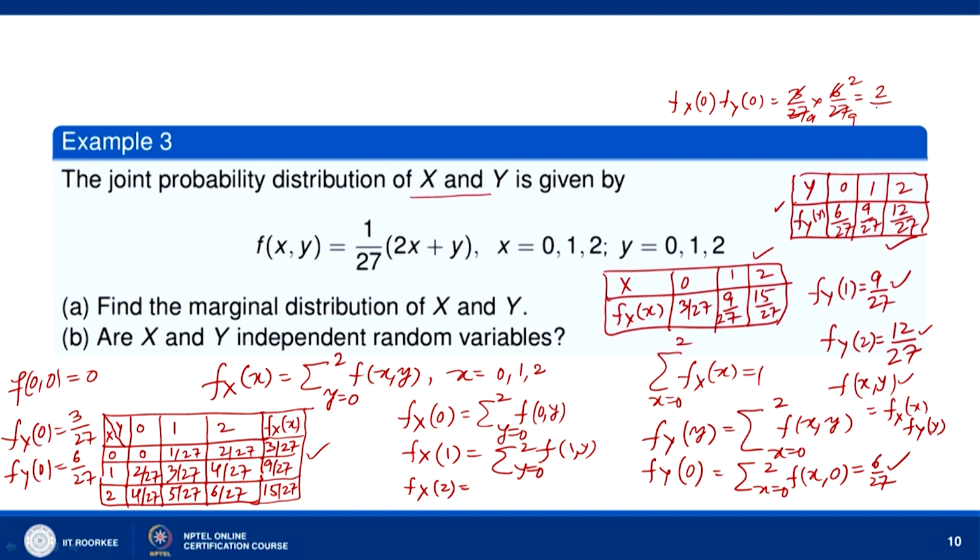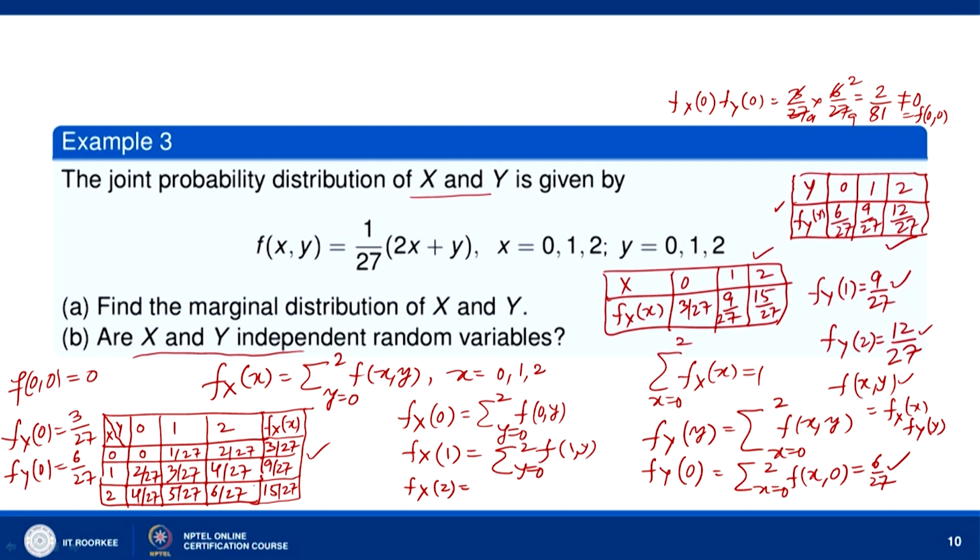So, this is 2/81, which is not equal to 0, and 0 is the value of f00. So, f00 is not equal to fx(0) into fy(0), and therefore, x and y are not independent. X and y will be independent provided fxy is equal to fx into fy for all x, y.